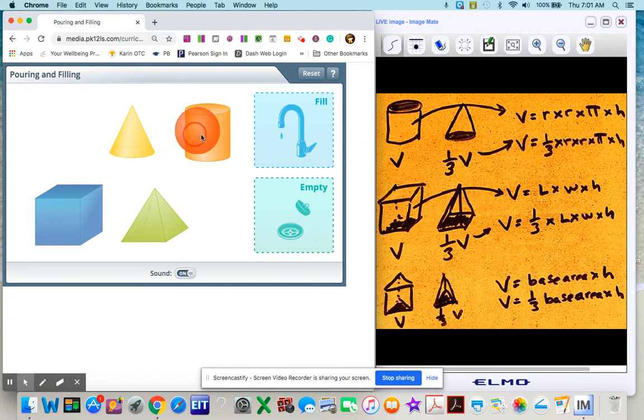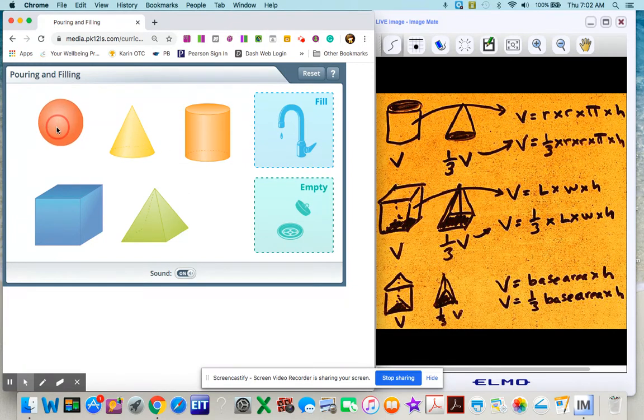What are some things that you notice about that sphere versus that cylinder? It looks like they have the same height, and the diameter of the cylinder and of the sphere is the same.